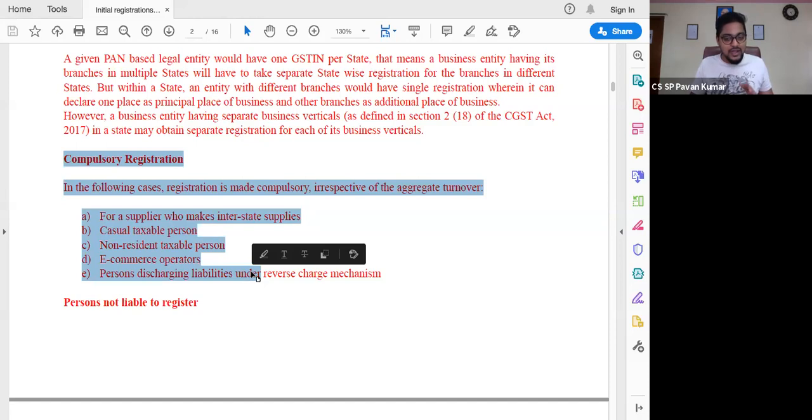So, whenever I'm going to do business in multiple states, even with the same product, multiple registrations are required. So this is again a PAN based number. Based on your PAN only, your GST number will be issued to you.